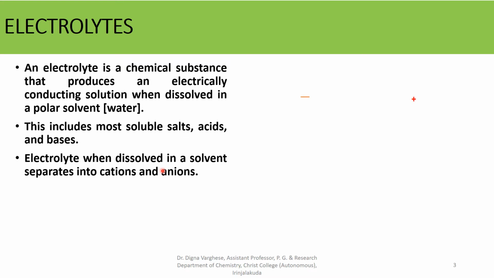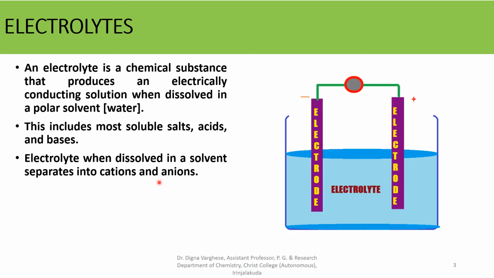An electrolyte, when dissolved in a solvent, separates into cations and anions. Here you can see a representation of a cell. The electrolyte is taken here. Here we are considering the electrolyte as HCl. The yellow part is H plus and the rose part is Cl minus. So this is an HCl molecule.